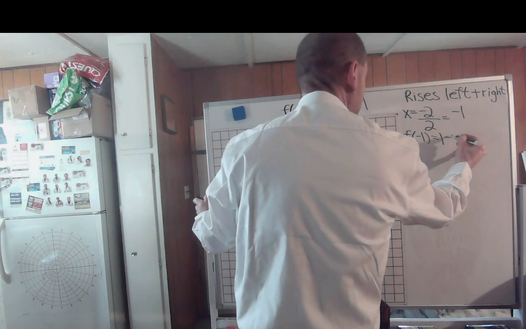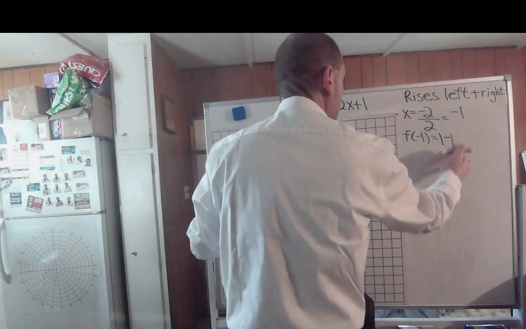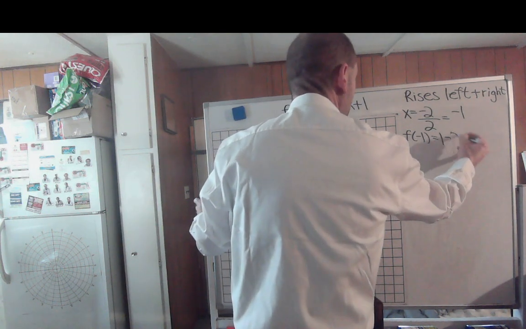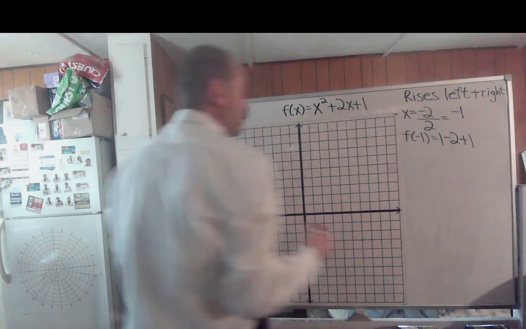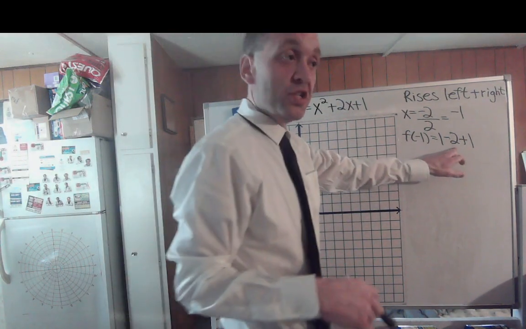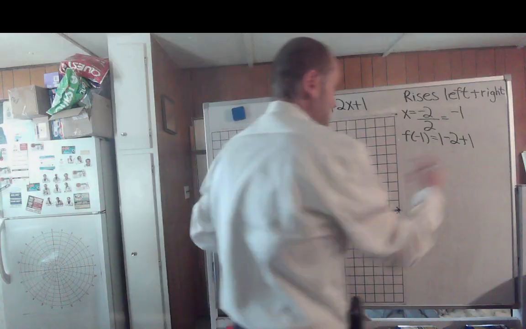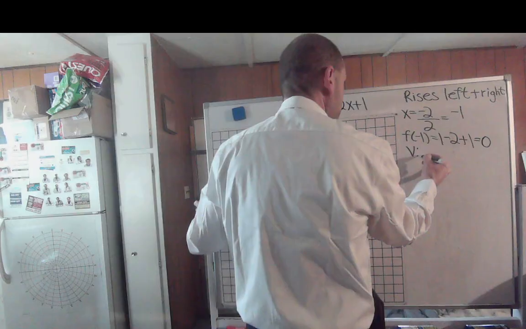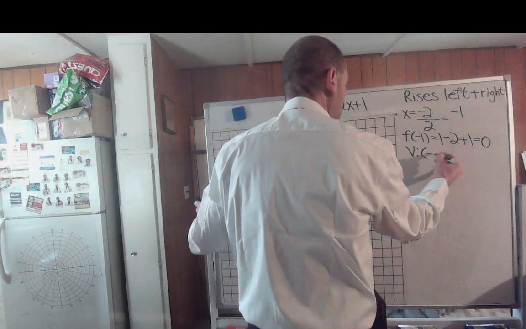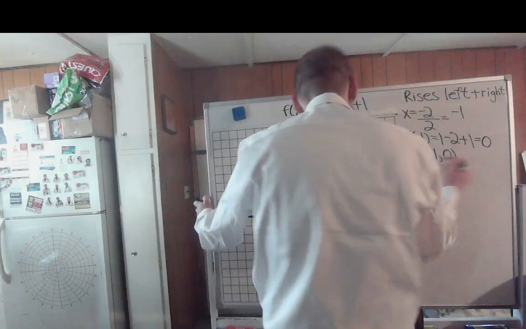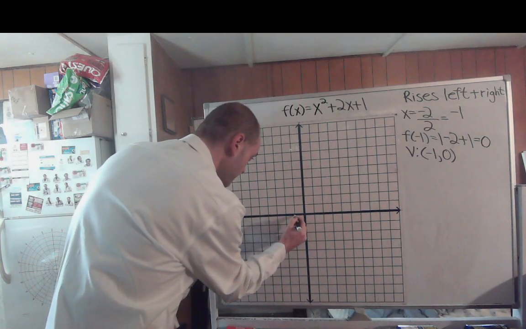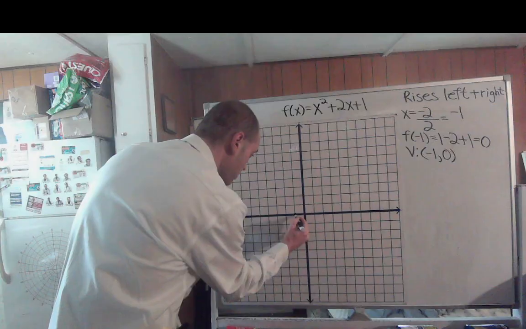Well, that's actually minus 2, excuse me. Then you have a plus 1. Well, 1 minus 2 is negative 1, plus 1 is 0. So your vertex is going to be found at the coordinate negative 1, 0. So here's your vertex at negative 1, 0.